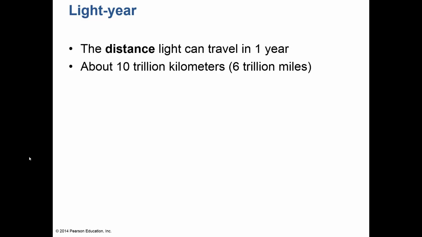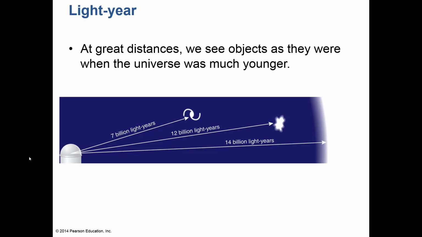So here's the definition of a light year. It's the distance light can travel in just 1 year, and that is about 10 trillion kilometers and 6 trillion miles, which is a long way, folks. At even greater distances, we see objects as they were when the universe was much younger.